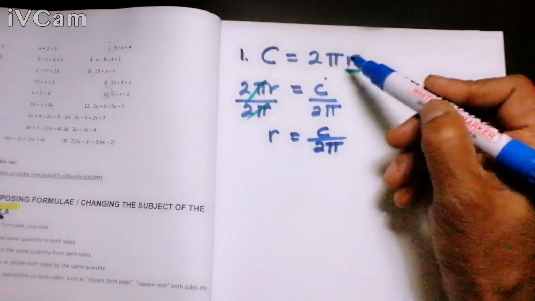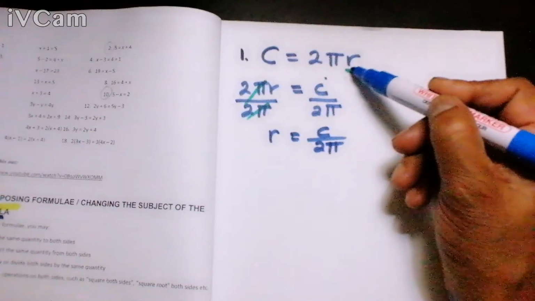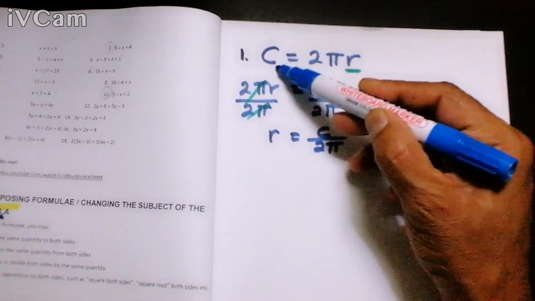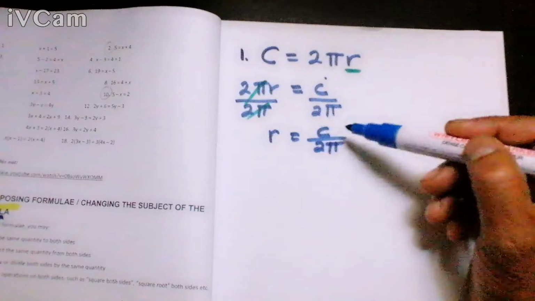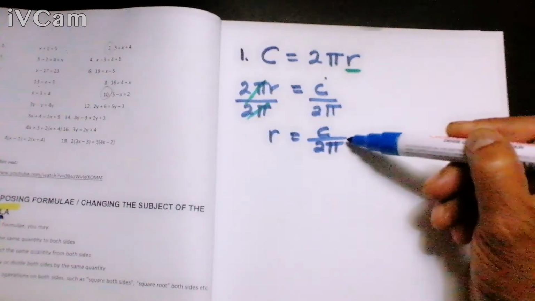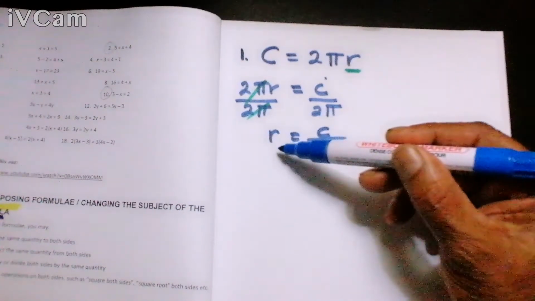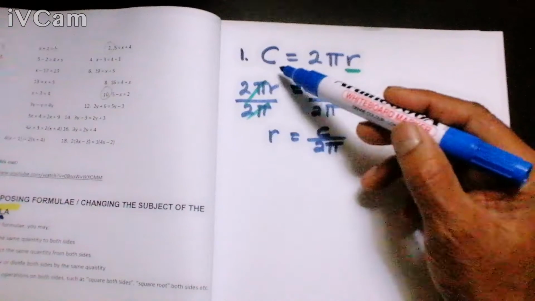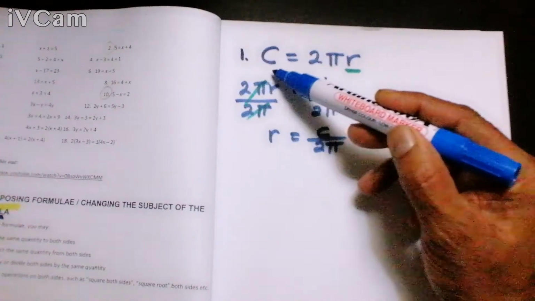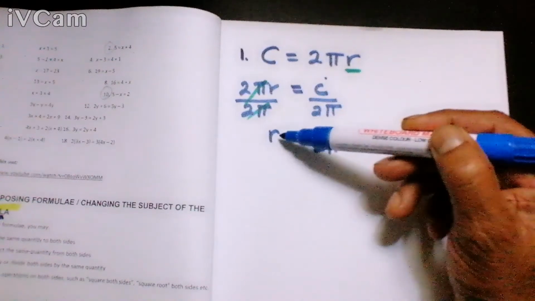So here I have the formula for the circumference of a circle with c being the subject, and here I also have the formula with r being the subject. So I've changed the subject of the formula from c, the circumference, to r, the radius of a circle.